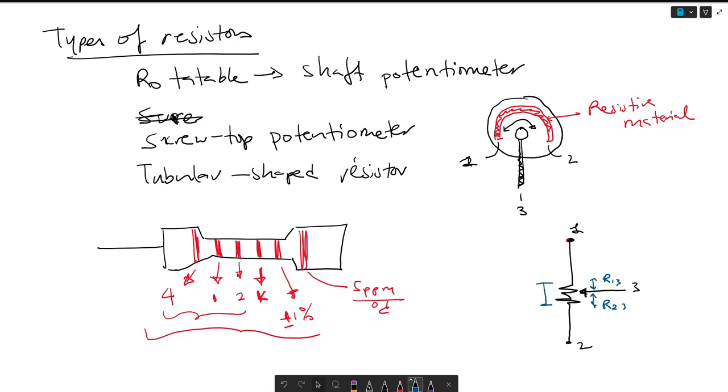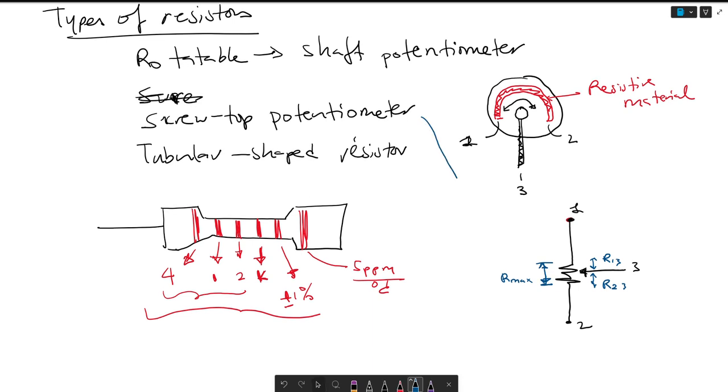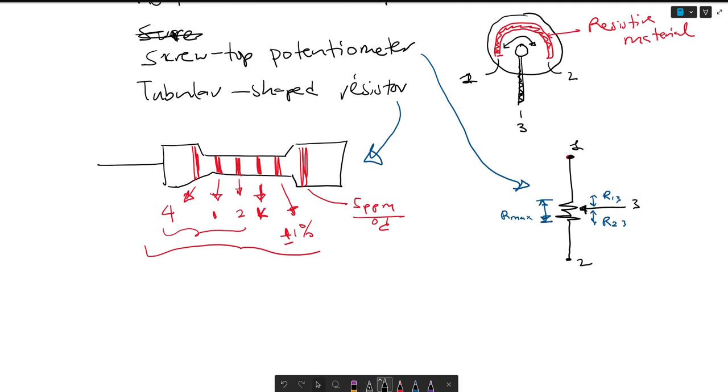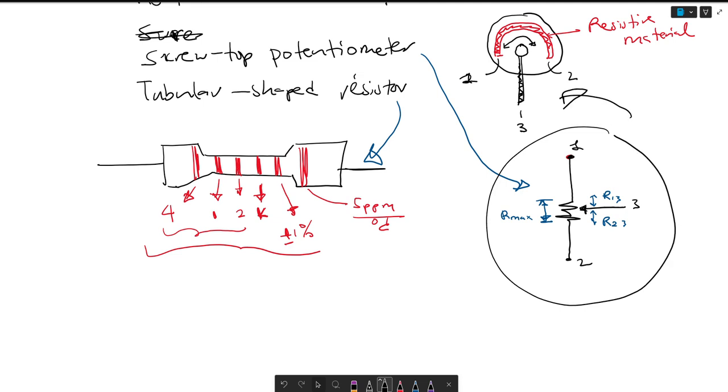And essentially it has an R max that goes from here to here. So this is a screw top potentiometer, and this is a tubular shaped resistor. I hope these make sense. These are 3-terminal devices, and this is a 2-terminal device.